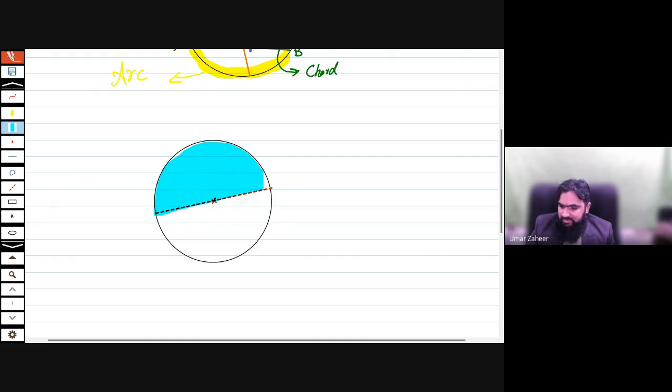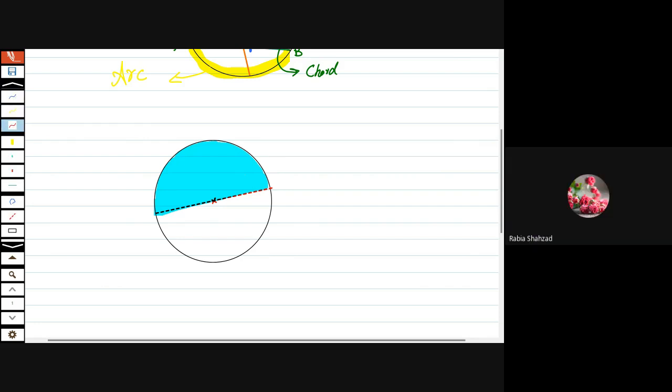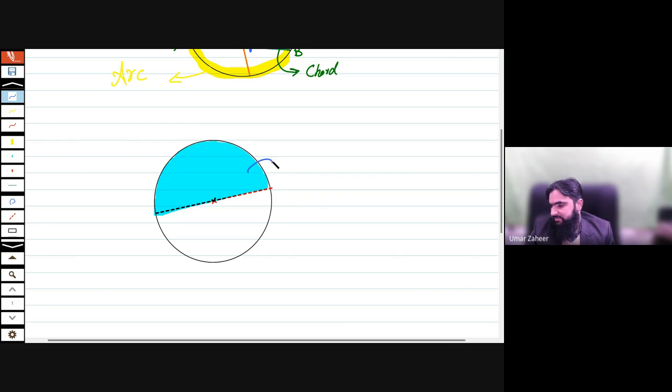So this half circle is known as, yes, everyone, this half circle is known as, yes, Rabia. A semicircle. It's a semicircle. All right.